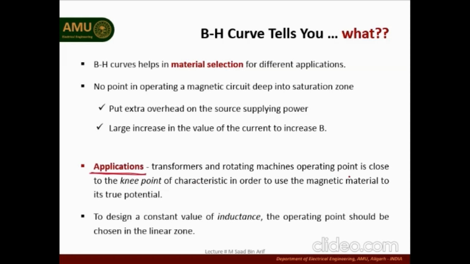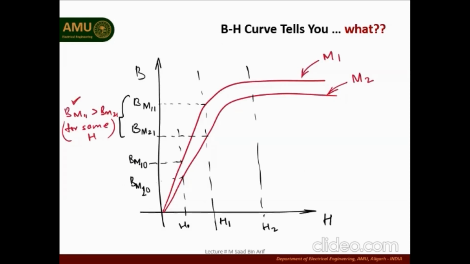Why is it so? Because to do so, the magnetic material can be utilized to its true potential. If we use the material till the knee point, in this region, if we increase H, we have an increase in B as well.